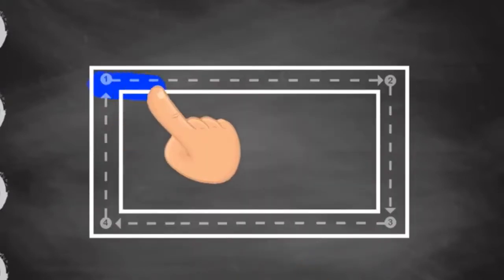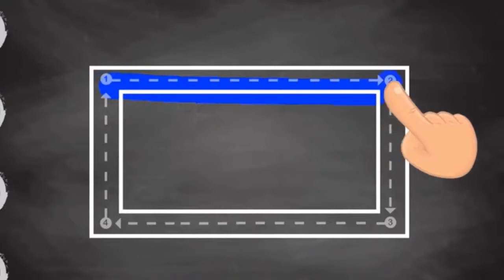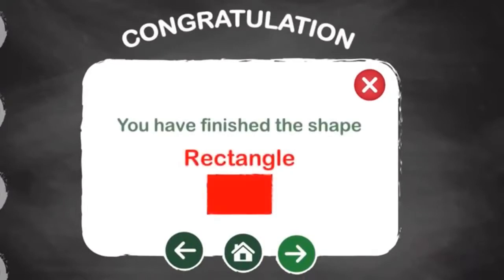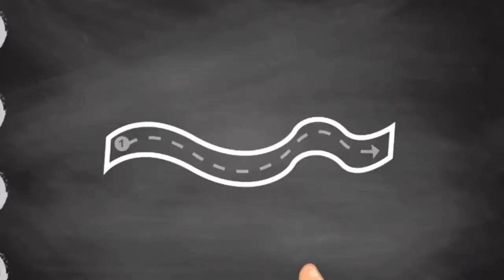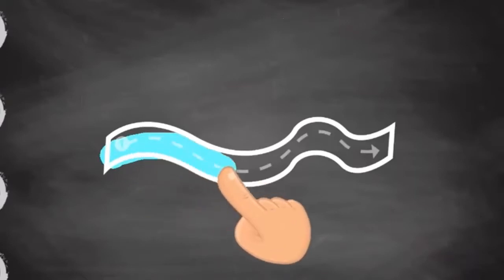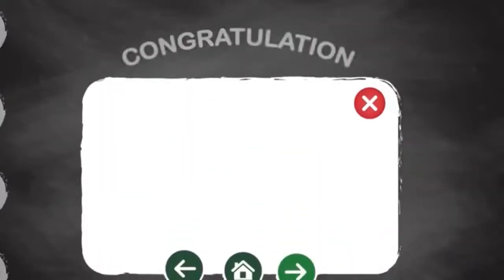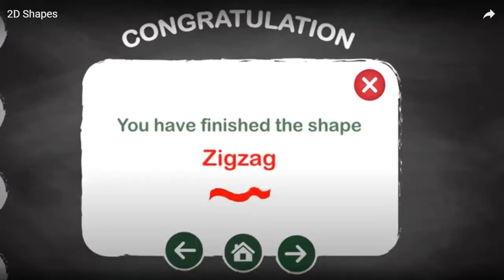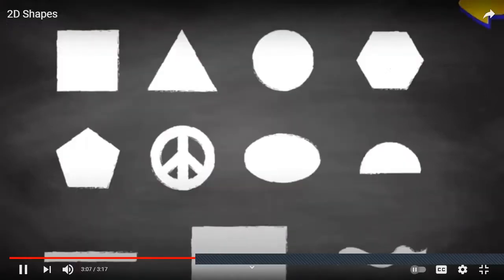This one has four sides, but it's not a square. What is it? It's a rectangle. Oh, that's interesting. A curved line. It's a zigzag. So these are the shapes we learned today.